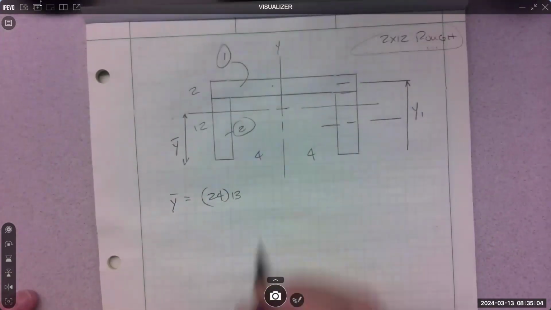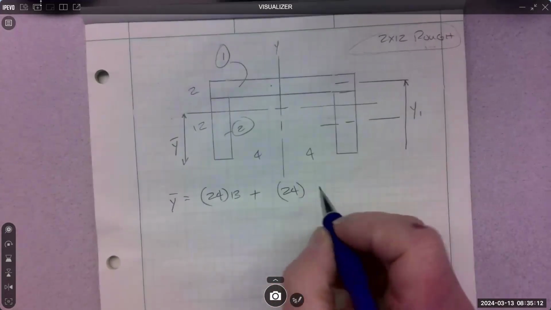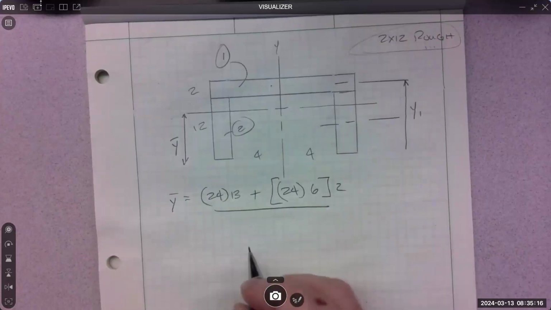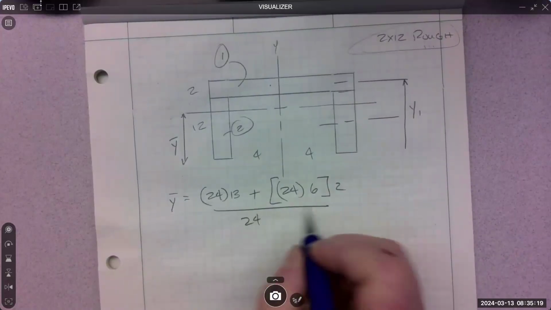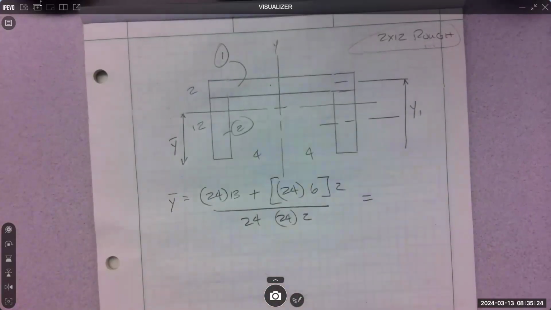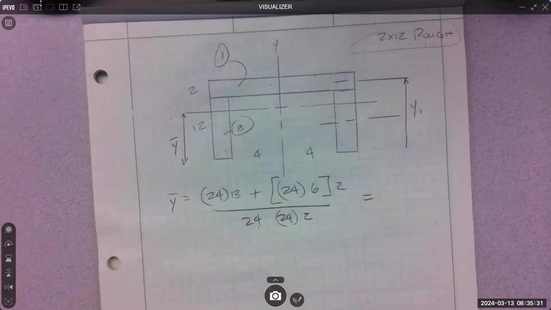And then we have number 2, which is also a 2 by 12, so its area is 24. Its Y distance is 6, and there's 2 of them. And then there is 24, and then 24, and there's 2 of those. Right? 1, 2 area 2s. What's my Y bar distance? I'm gonna guess at 9.